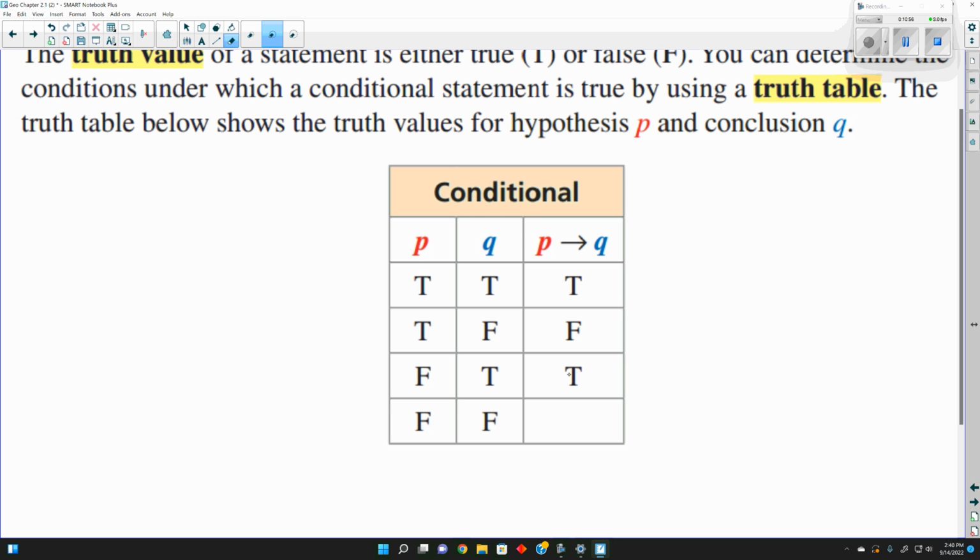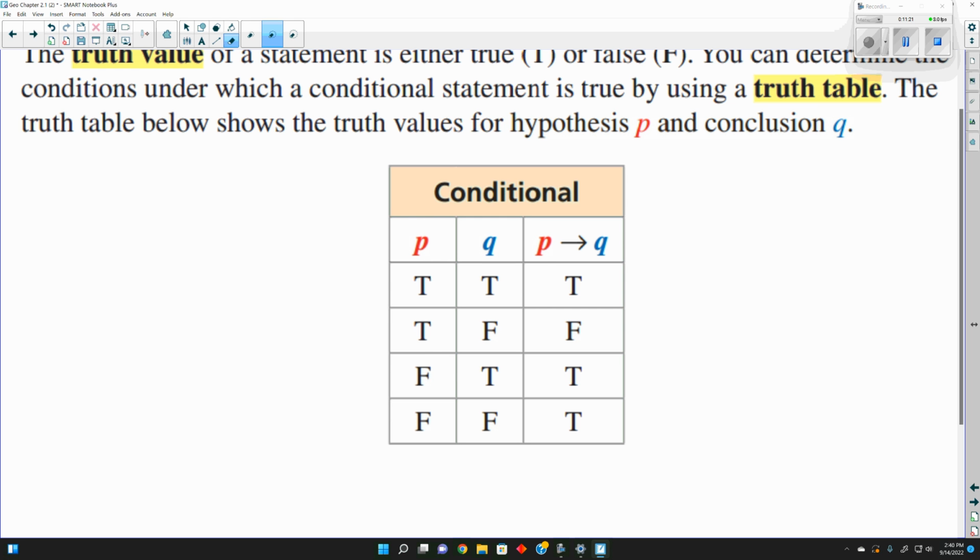If the hypothesis is false and the conclusion is false, the whole thing would be true. Because if our starting hypothesis, what we're starting with, is false, it doesn't matter, and the conclusion is false, we have nothing to stand on anyways.